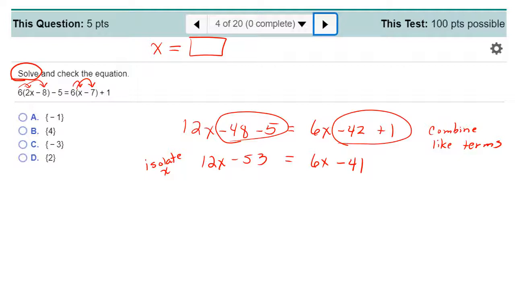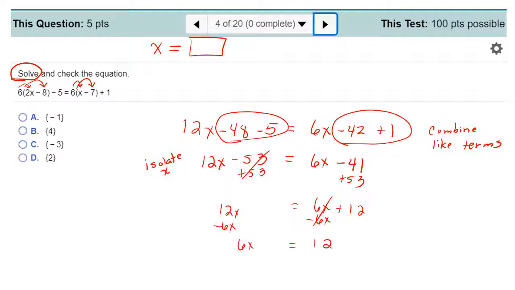One way to do that would be to add 53 to both sides. That would result in 12x equals 6x plus 12. And then I could subtract the 6x on both sides. That would result in 6x equals 12.